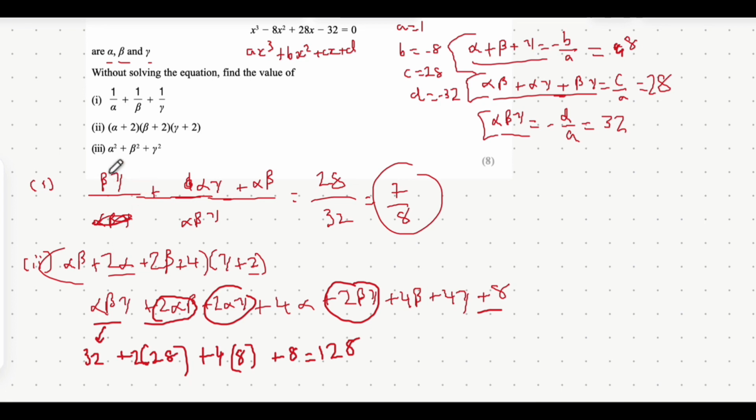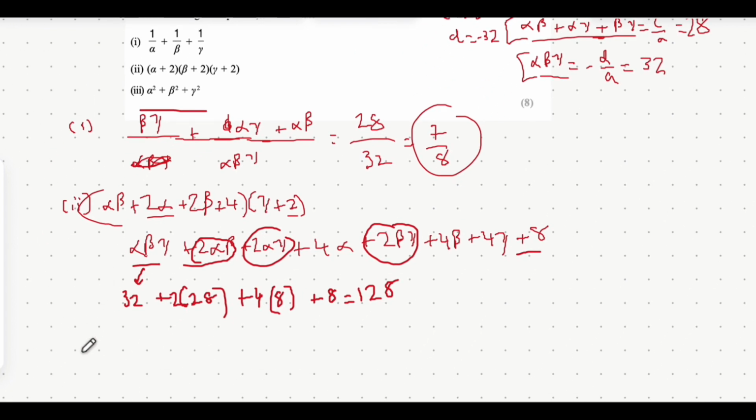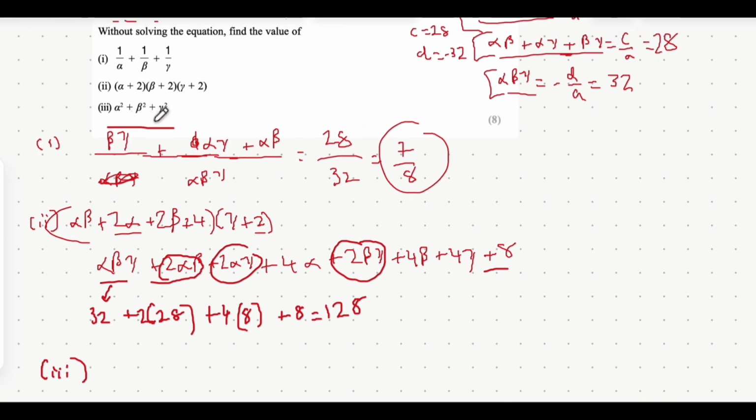Moving on to part 3 now. For this part, we're going to use a common expression, which is that a squared plus b squared plus c squared is the same as a plus b plus c, all squared, take away... Actually, I might as well write it out fully. This is equal to alpha plus beta plus gamma all squared, but then you also have to take away 2 lots of alpha beta plus alpha gamma plus beta gamma.